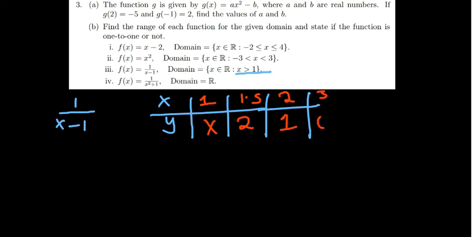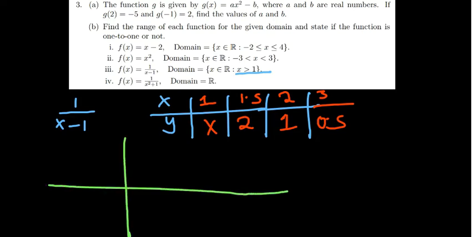So we are now seeing what is happening to the graph. If we were to sketch this graph, it can never cut this line where we're saying x should be greater than 1. It can never be equal to 1.